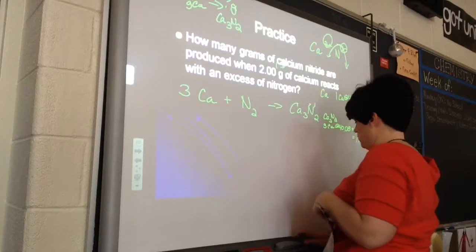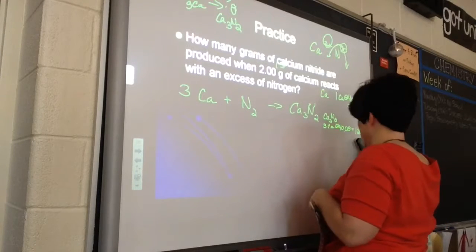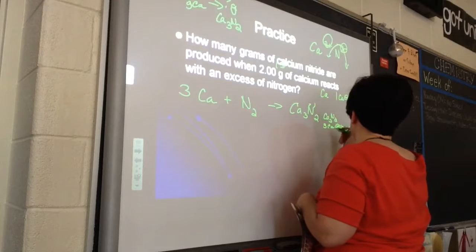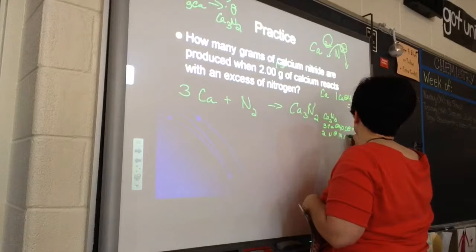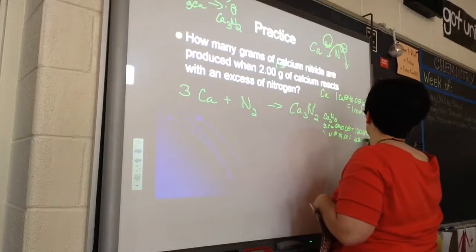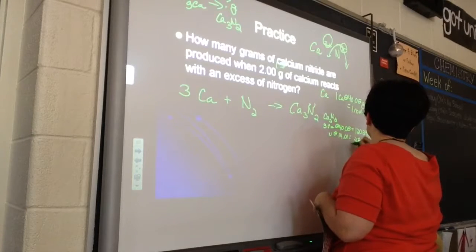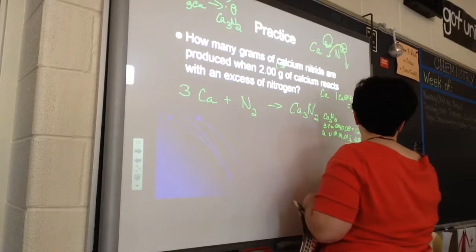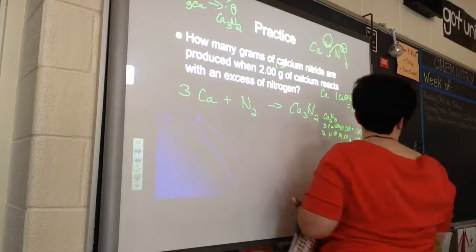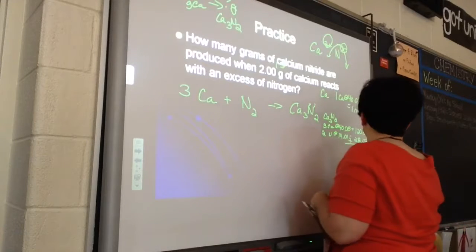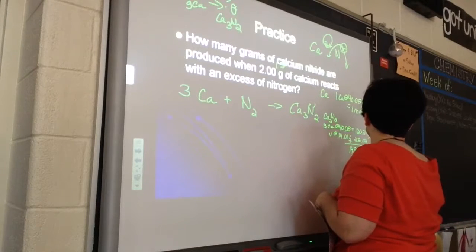We've got to do the nitrogen. All right, 2 nitrogens at 14.01 apiece, 28.02. Now we add: 148.26. Grams equals 1 mole.